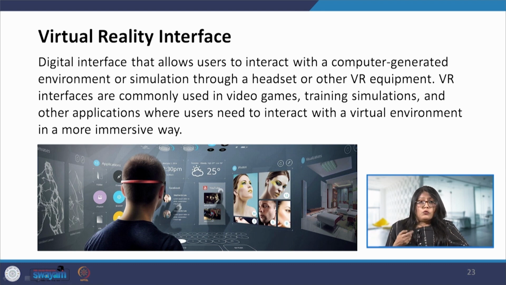The user can interact with handheld controllers once they are wearing the headset and are in that virtual space. They can control their movements and other things as designed by the interface. Then there are motion sensors also, or there can be some other input devices as well.